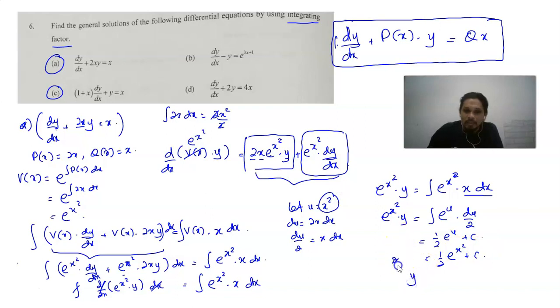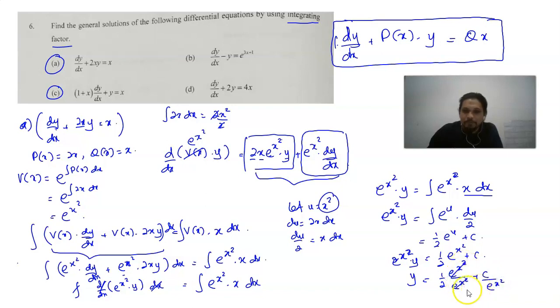This is e^(x²) times y. So we want the equation in the form of y equals f(x). So divide by e^(x²): y equals 1 over 2 e^(x²) divided by e^(x²), dividing left and right, plus c divided by e^(x²).